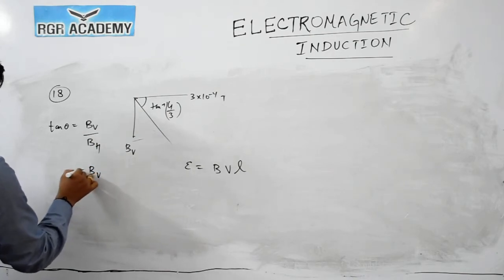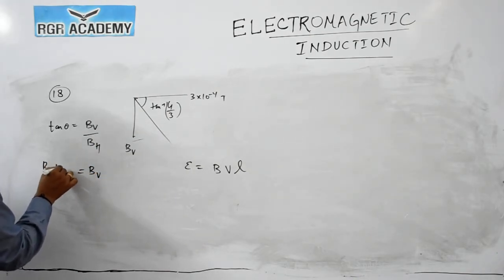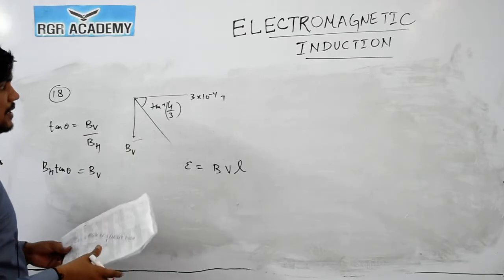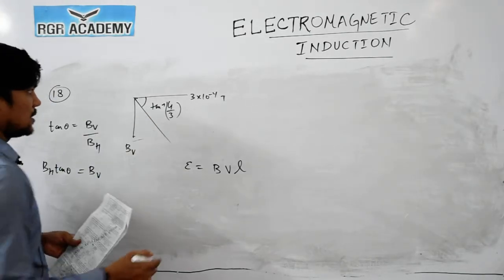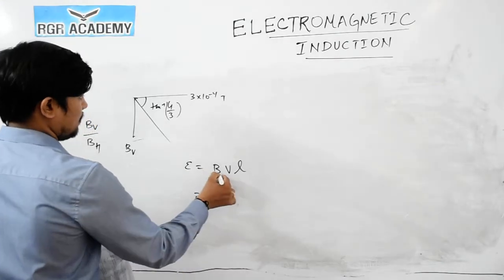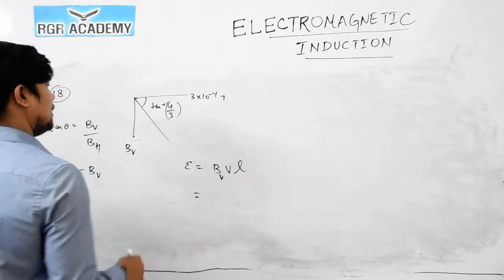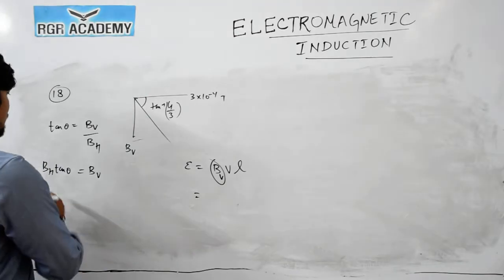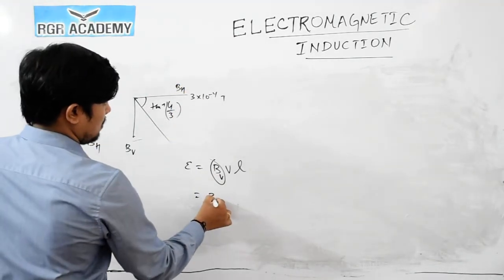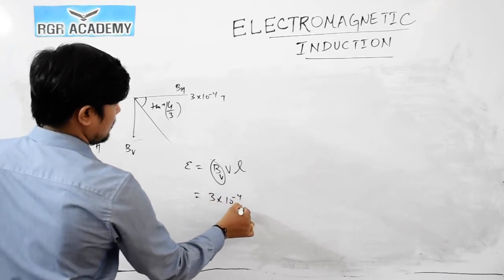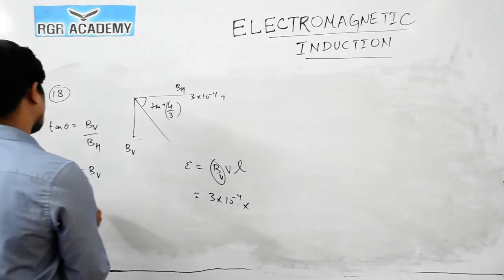So BV we can write as BH into tan theta, because this component of magnetic field is perpendicular to the length of the rod. Okay. So what answer will you get? In place of B we write BV into V into L, where BV means vertical component of magnetic field. So BH is 3 into 10 to the power minus 4 into tan theta.